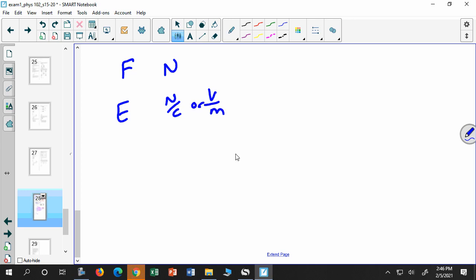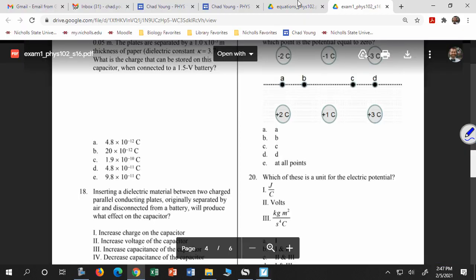And then if I want to do this in basic SI units, it would be kilogram meters per second squared coulomb. Yeah, that would be it. Voltage is in joules per coulomb. That's energy per charge. Potential energy, of course, is joules. I think that's everything. Let me look at the equation sheet.